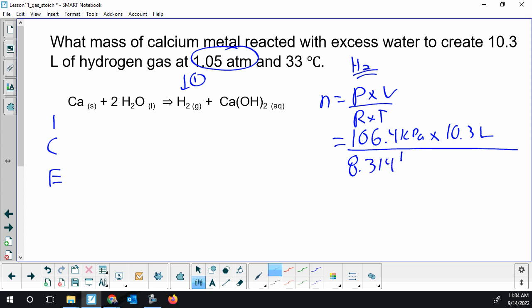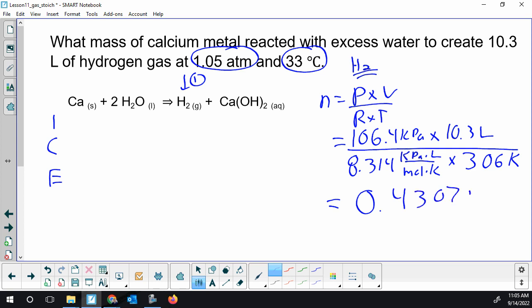R is 8.314 kilopascal liters per mole Kelvin, times temperature, which would be 33 on top of the 273, so 306.15. So I got 0.4307 moles.